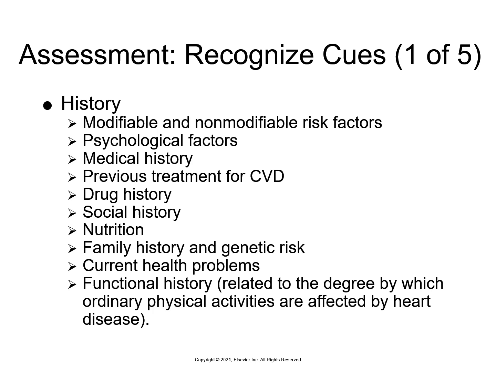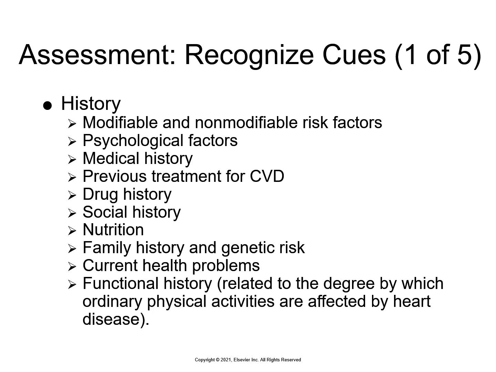Also, let's talk about functional history. This is classified by 1, 2, 3, and 4 by the American Heart Association, and there is a table in your book that, if you're interested in looking at it, will help you to understand which stage a person might be in related to the functional history.